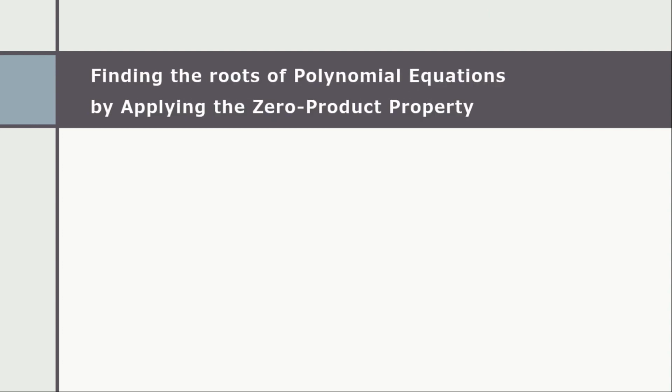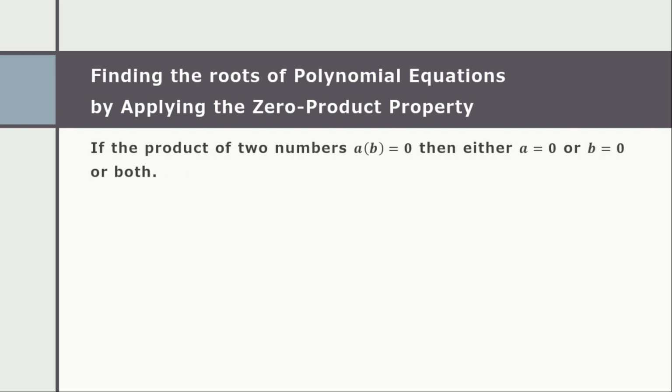The first one is by applying the zero product property, which states that if the product of two numbers, let's say A multiplied to B, equals 0, then either A is equal to 0 or B is equal to 0 or both. For example, x plus 3 multiplied to x minus 2 multiplied to x plus 1 multiplied to x minus 1 equals 0.